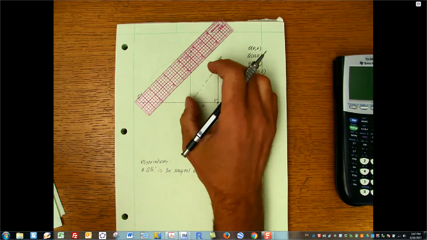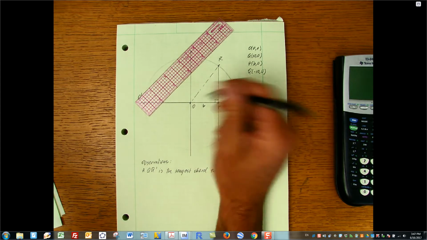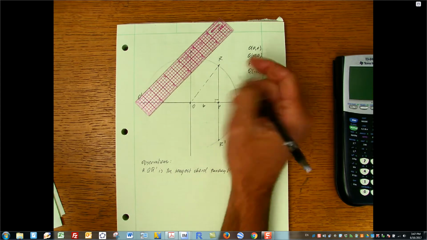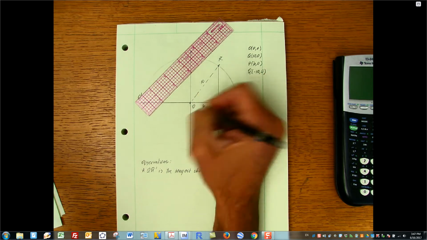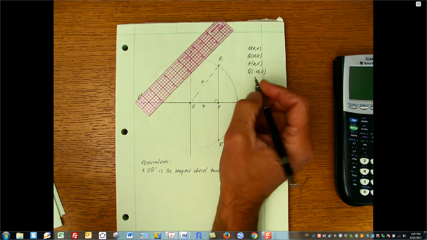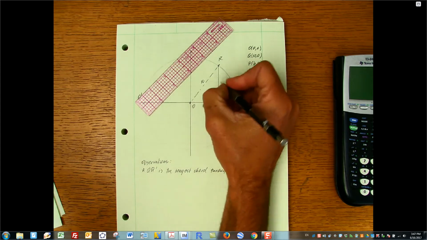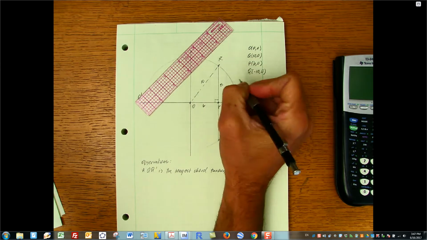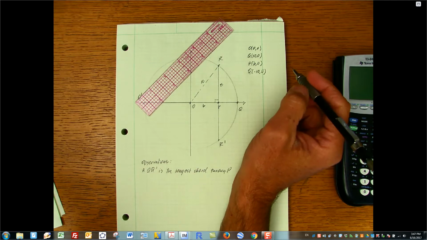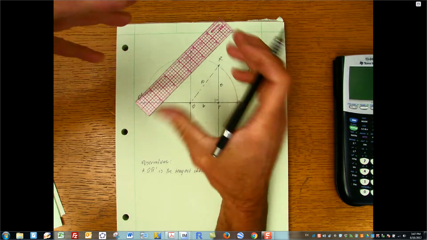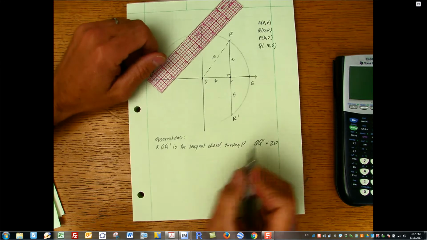But we know this is a circle, so it's a collection of points that are a fixed distance from the origin, and that fixed distance is 10, which means this triangle is a scaled up 3, 4, 5 triangle. I can tell that because 10 squared minus 6 squared is going to be 8 squared, so that makes this side 8. A quick application of Pythagoras there. 3, 4, 5 times 2, scaled up here. So that means that this distance is 8 as well.